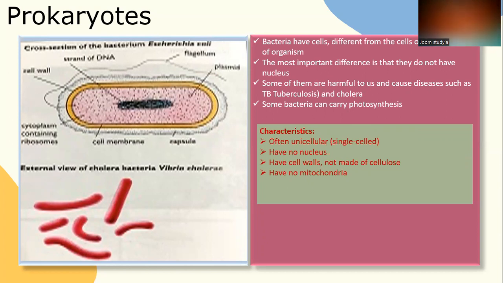Some bacteria can carry out photosynthesis. The characteristics of prokaryotes are that they are often unicellular, a single cell, have no nucleus, have a cell wall not made of cellulose, and have no mitochondria.